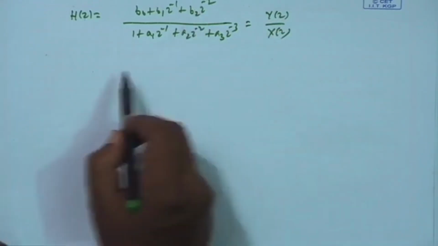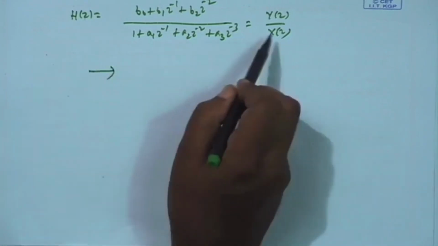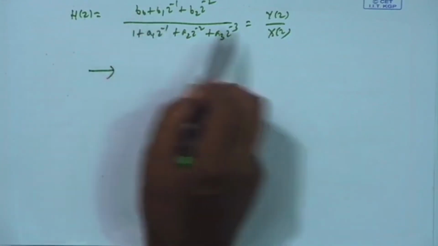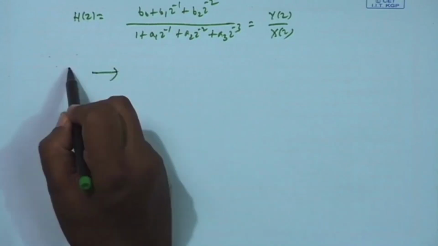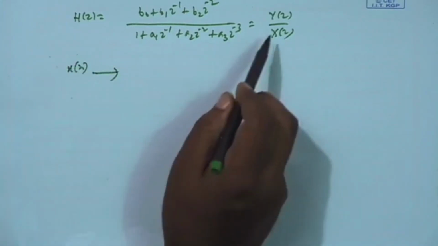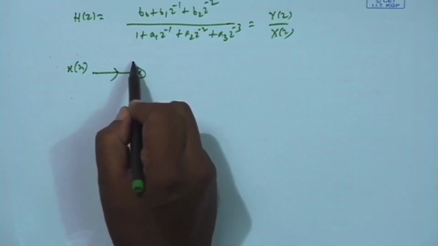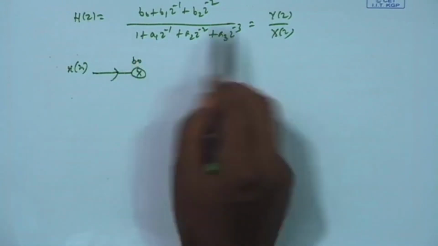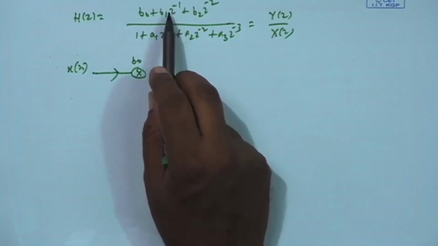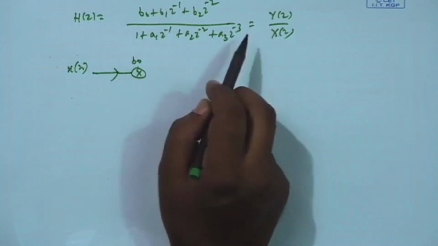So, X(z) into this, which means X(z) into B0 plus X(z) into B1 Z inverse. This is suppose X(z), that is x n. X(z) into B0 means x n into B0. Then X(z) into B1 Z inverse. Z inverse X(z) means delay of x n by 1.